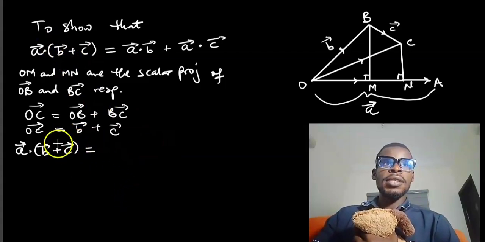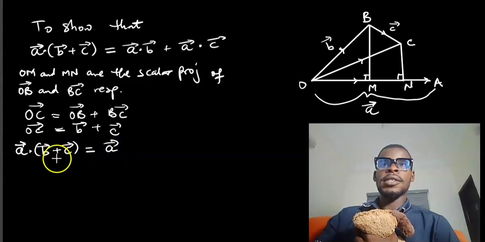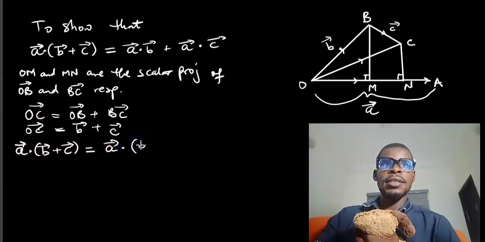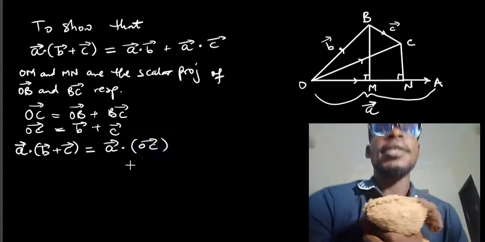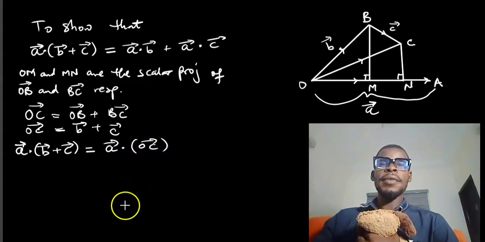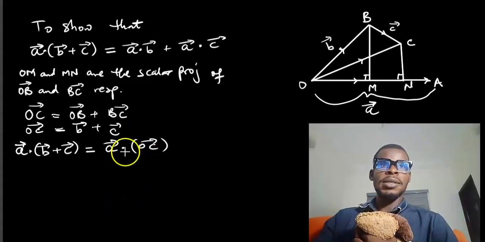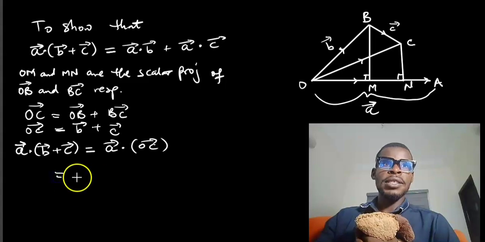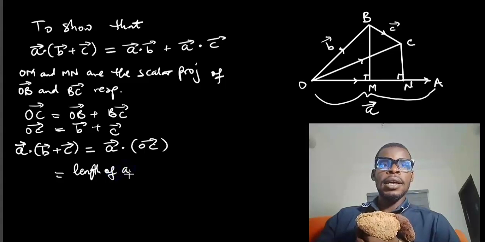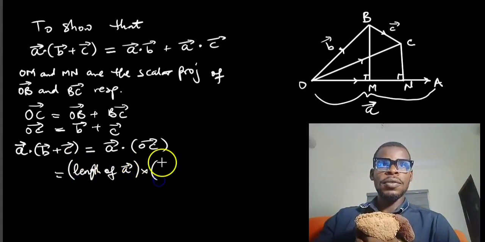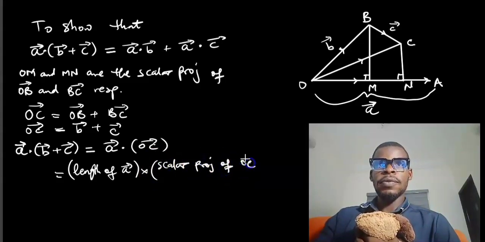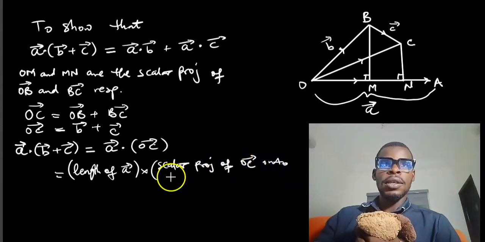We've established that the sum of vectors B and C is the vector starting from point O to point C, which is B plus C. Recalling that when we have the dot product of two vectors, we could write it as the length of the first vector, that's the length of vector A, times the scalar projection of the second vector, that is vector OC, onto vector A, that is in the direction of vector A.